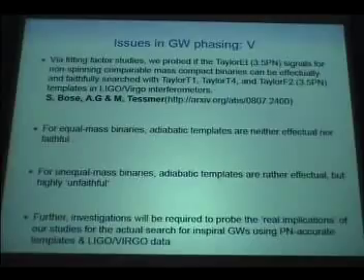We took both a new version of EOB and T4. Both match numerical relativity to unprecedented accuracy for something like 30 orbits, 30 gravitational wave cycles, which for initial LIGO means a total mass of around 30.